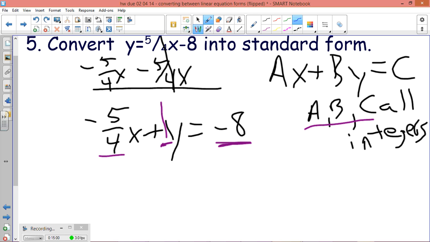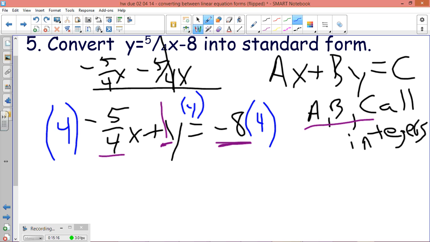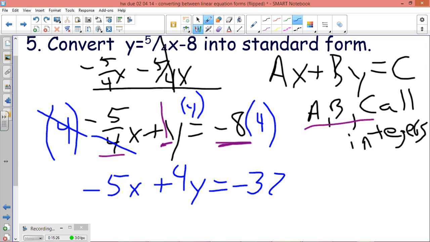Anytime I want to get rid of fractions, just multiply every single thing by the least common denominator. Or sorry, the greatest common denominator. In this case, it's just 4. So I multiply every single term by 4. Look what happens. 4 and 4 will reduce to 1. So I'm left with negative 5x plus 4y equals negative 32.